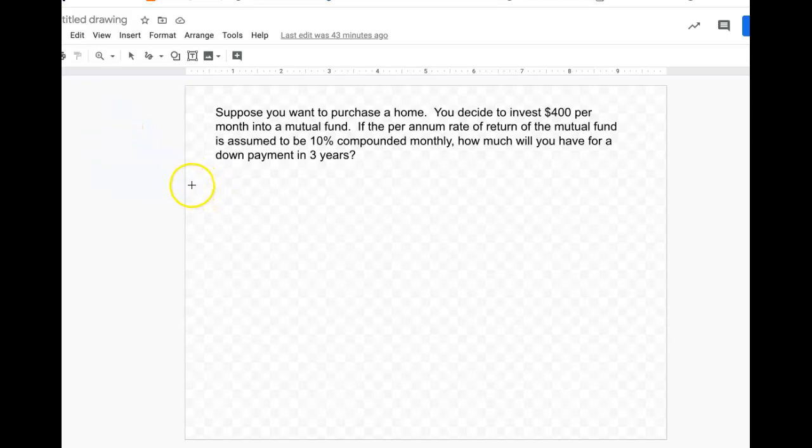And so what we're seeing is P equals 400, and i is equal to 0.1 over 12, which is equal to 1 over 120.